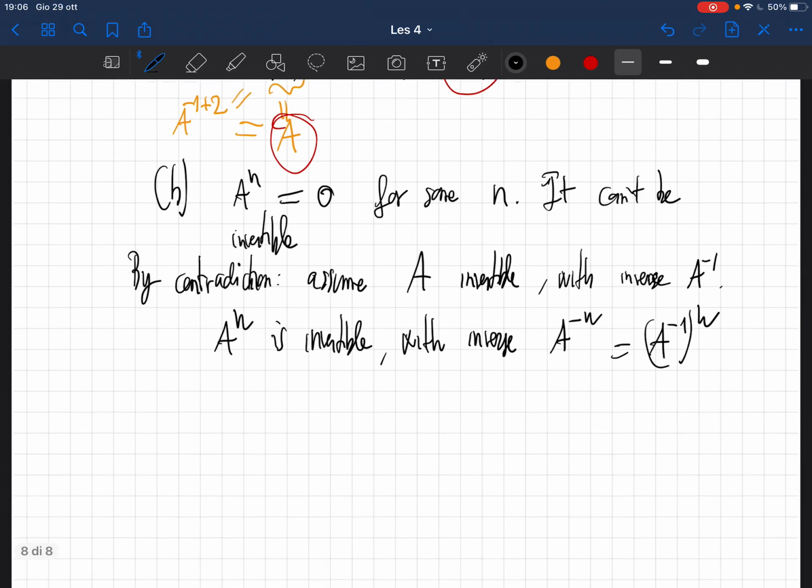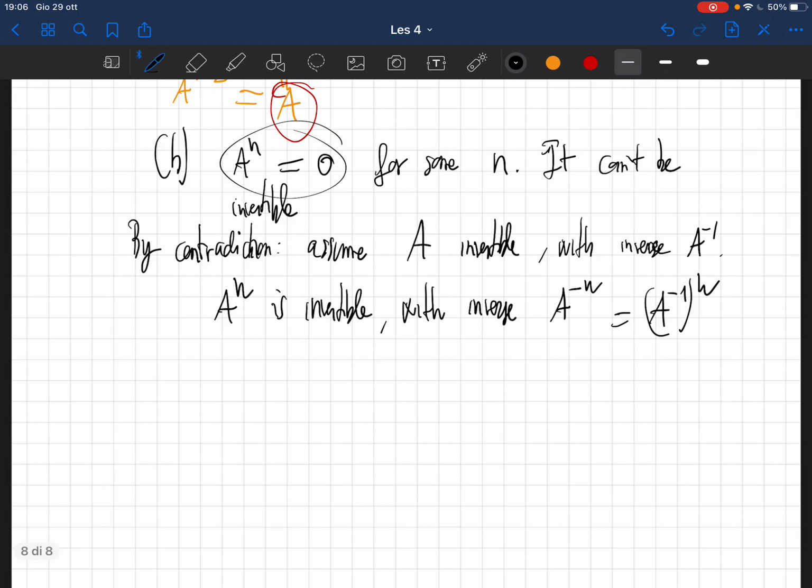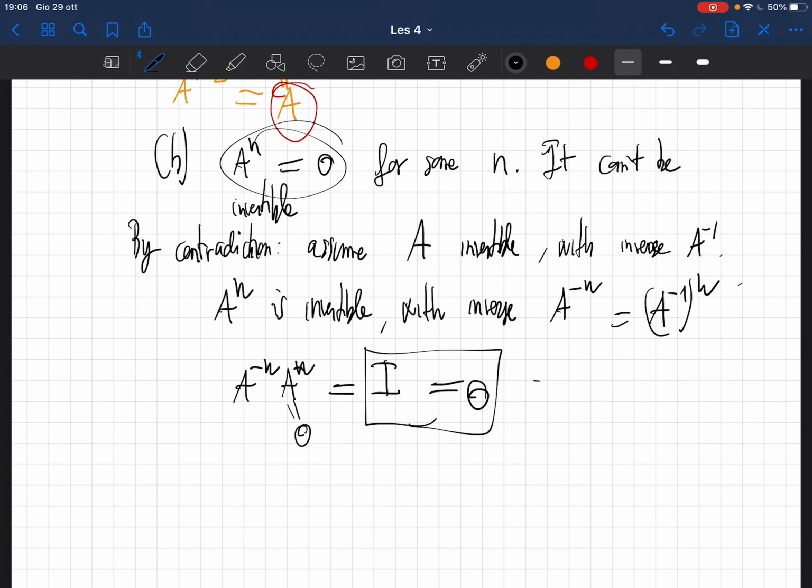You can multiply A to the n by A to the minus n, and you would get the identity matrix. But here you assume that A to the n is the zero matrix, so you would conclude that the identity matrix is the zero matrix, and this is a contradiction.